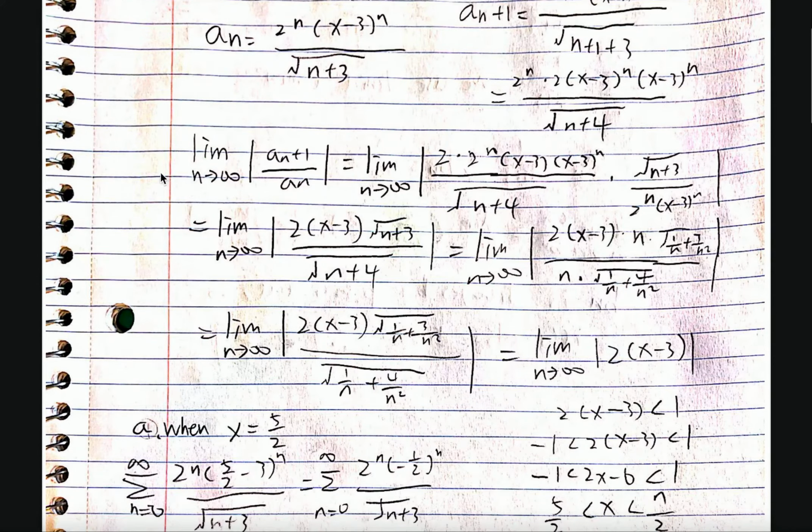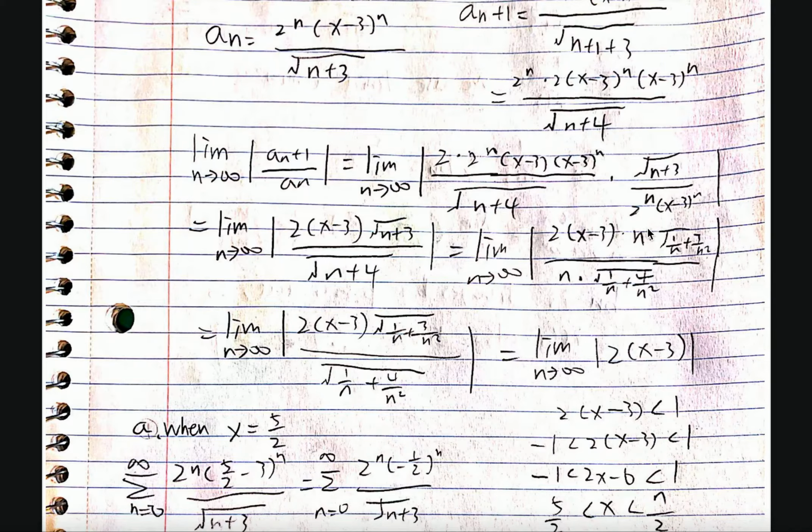So now we can write the limit as n approaches infinity of the absolute value of a_(n+1) over a_n, which equals the limit as n approaches infinity of the absolute value of 2 to the power of n plus 1 times (x minus 3) to the power of n plus 1 over the square root of n plus 4, times the square root of n plus 3 over 2 to the power of n times (x minus 3) to the power of n.